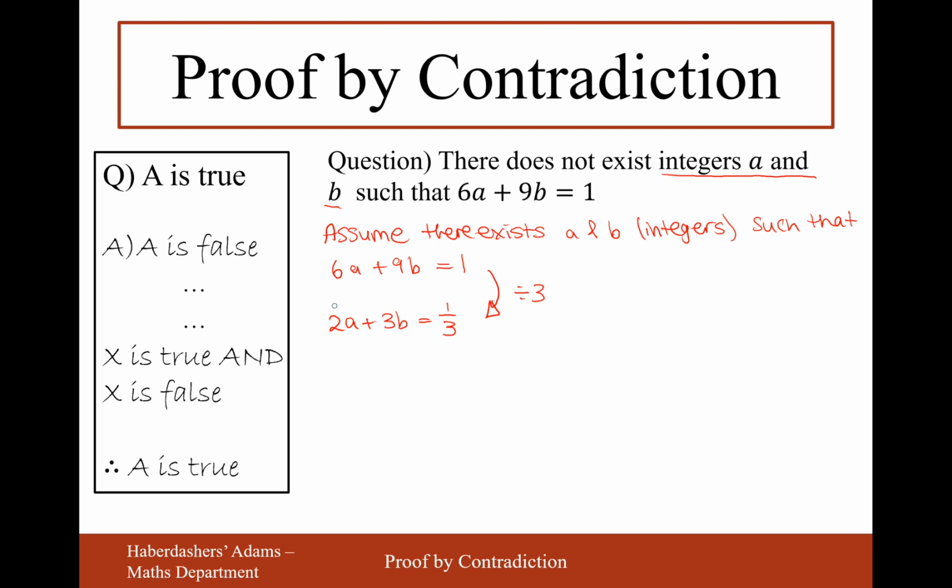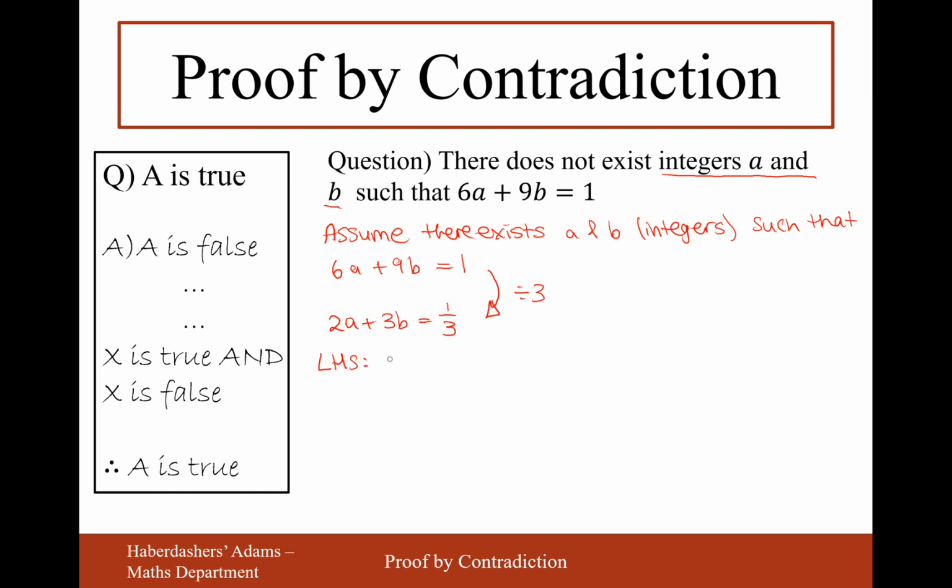Okay, so what we're now going to do is claim that the left-hand side must be an integer, because it's made up of integers and additions, and then the right-hand side is clearly not an integer, because it's a fraction. So we'll have to now start to state our case.